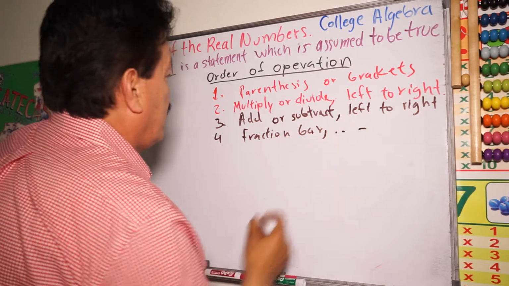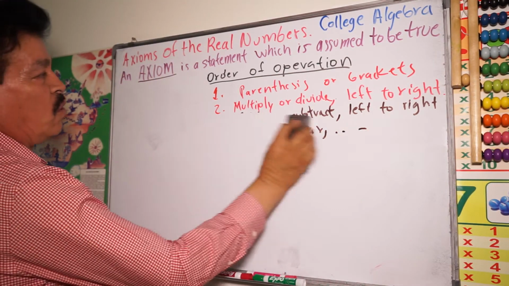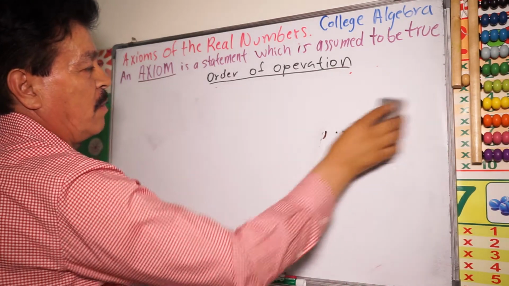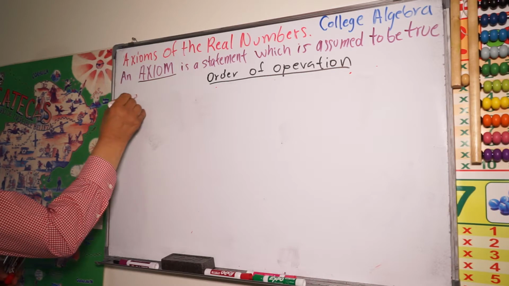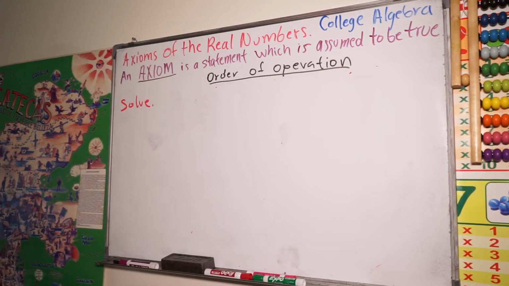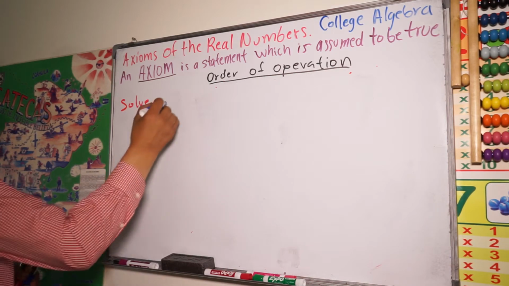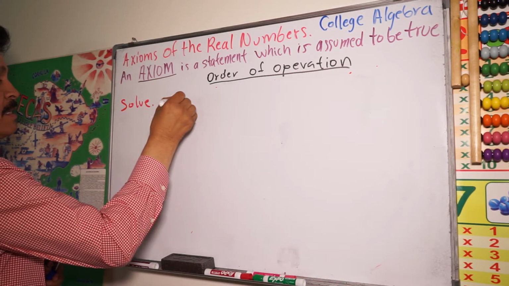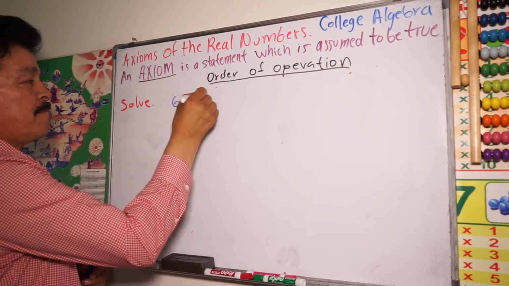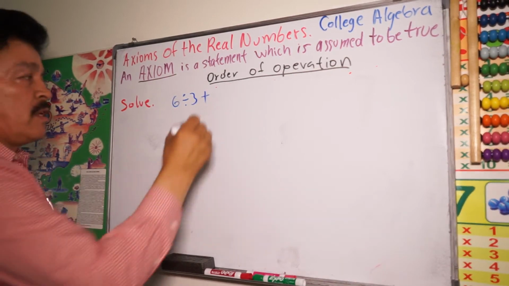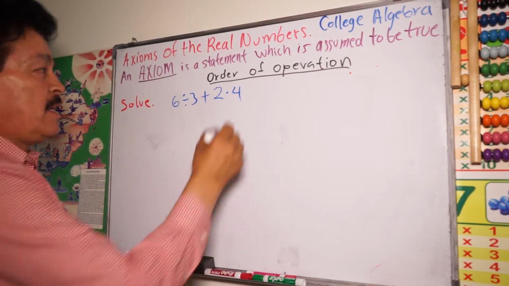Okay. Let's try to solve one problem. Let's do this problem: 6 divided by 3 plus 2 times 4, right?